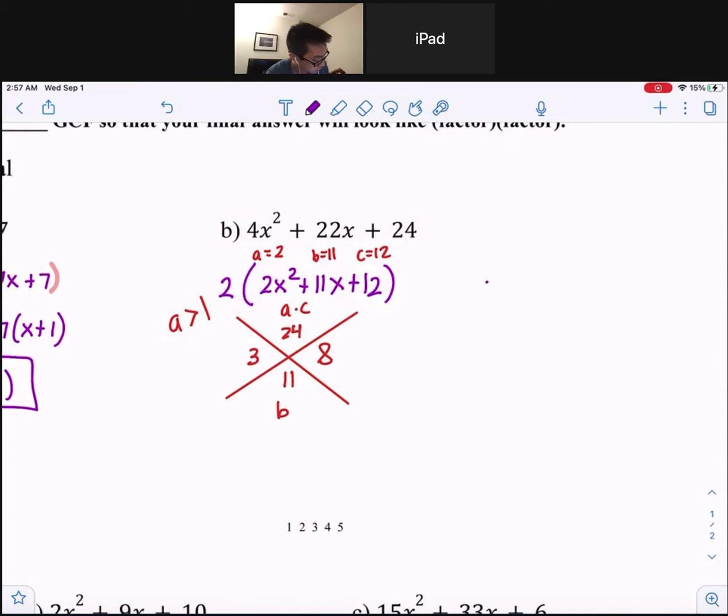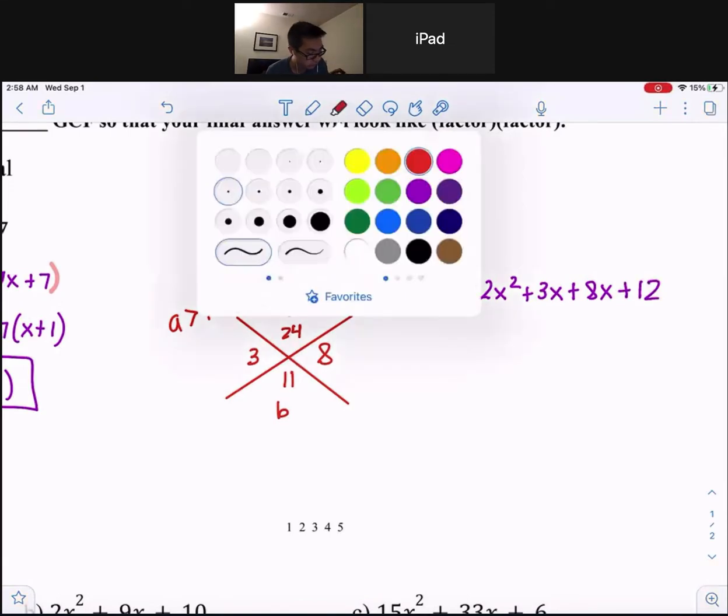2x squared. Remember, this middle term, we're going to split it into the numbers that we just found: plus 3x coming from here, and plus 8x coming from here, and then plus 12. Now we've split them off, we group them.